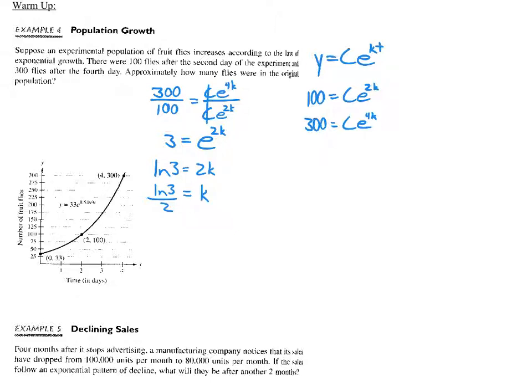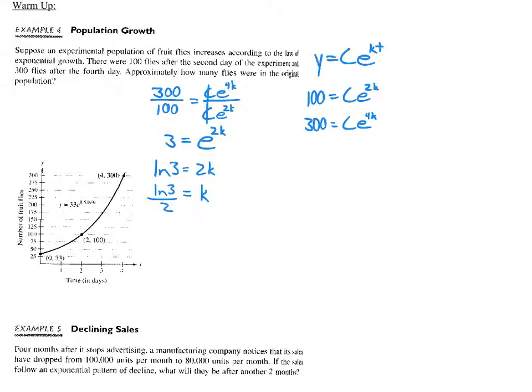If you wanted, you could solve this, C equals 100 over e to the 2k, and then substitute that in here. I'm talking about solving it as a system of equations, because I think yesterday we solved problems differently, and in the homework they are not solving them using systems of equations.